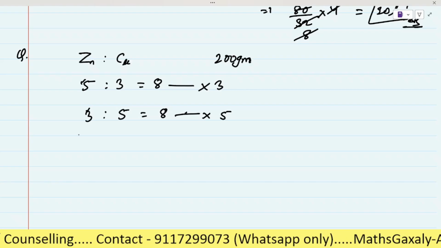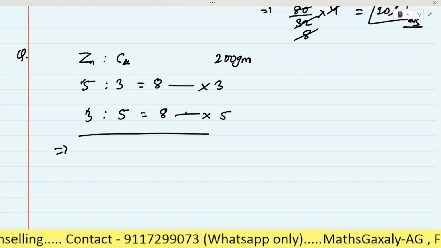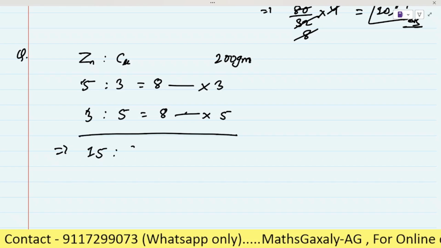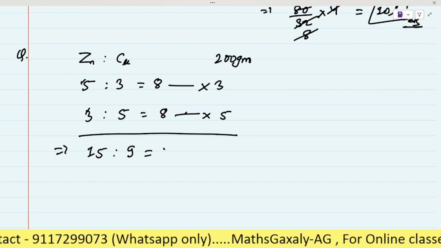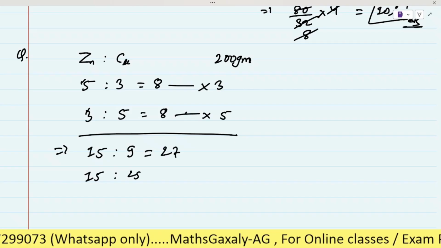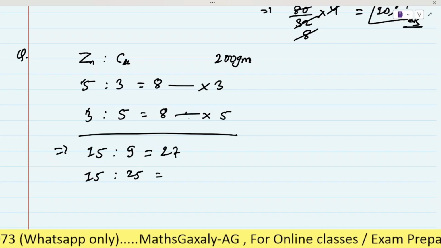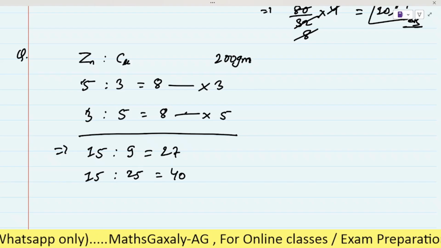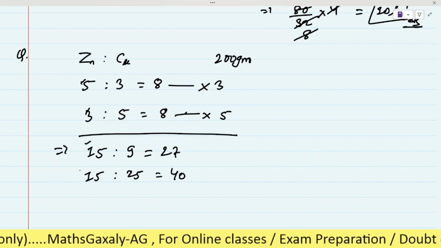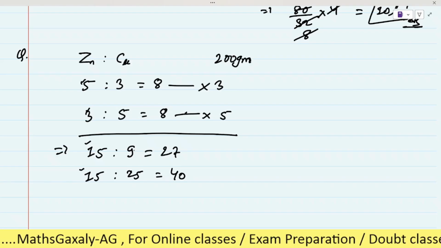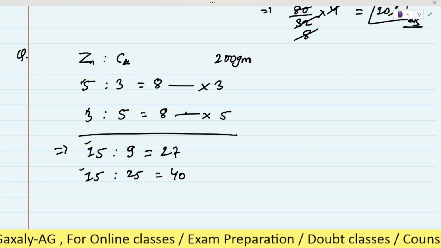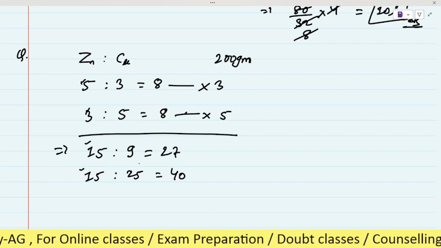Okay. So the new ratio will be 3 into 5 is 15 is to 3 into 9 is 27, equal to 8 into 3 is 24. 3 into 5 is 15 is to 5 into 5 is 25, equal to 8 into 5 is 40. Now as you can see here, the zinc is constant, which is 15, but there is a change in the unit of the copper, which has been increased.